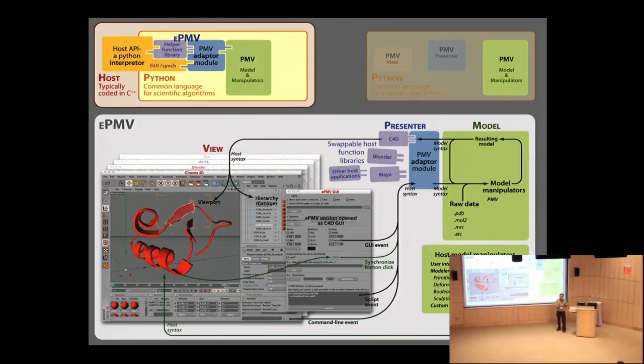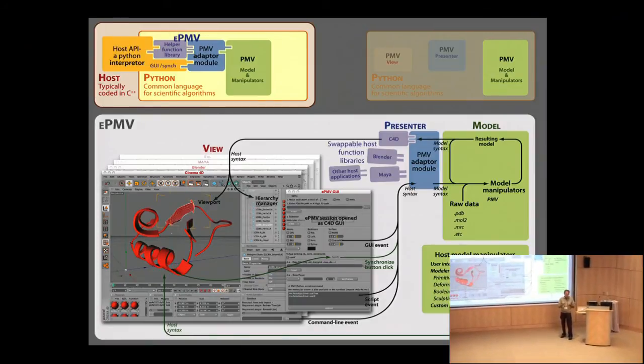Since Blender and Maya and Cinema 4D all have Python interpreters, we could just embed PMV into that code and then develop that so-called API little stub that connects them together. And doing that, we have the capabilities of a full molecular modeling system in the environment of a high-end computer graphics and animation system that people use to make Hollywood movies and so forth.